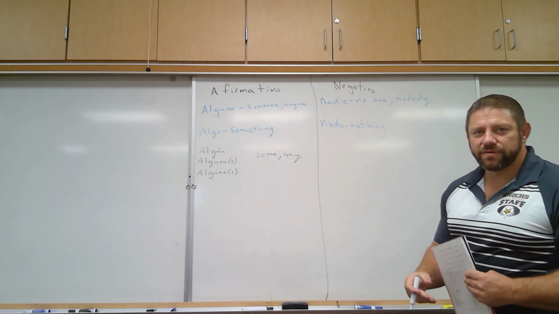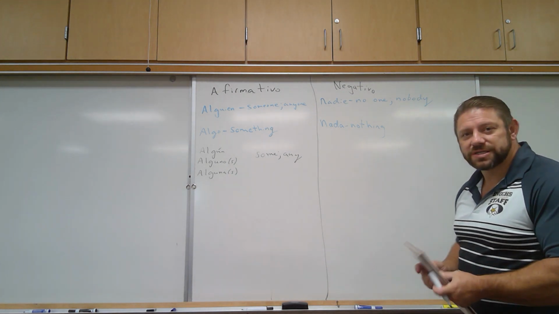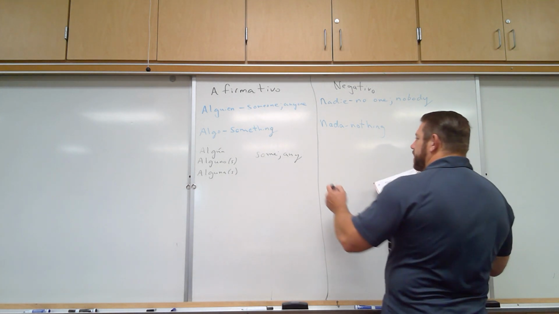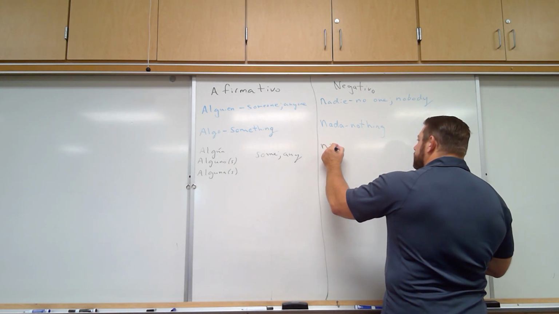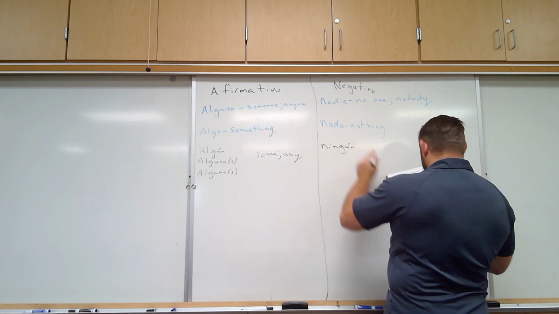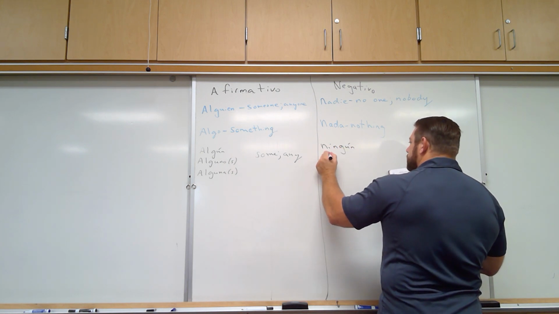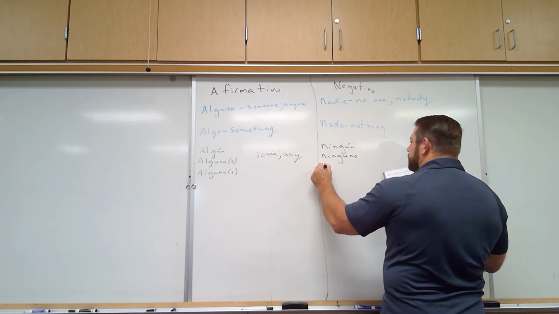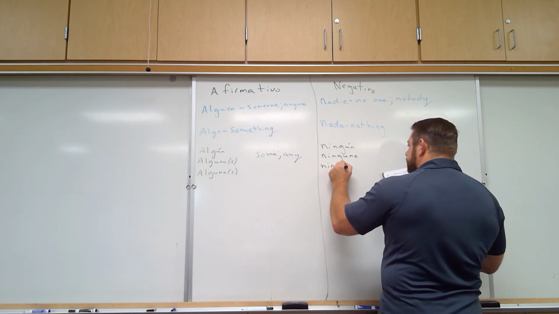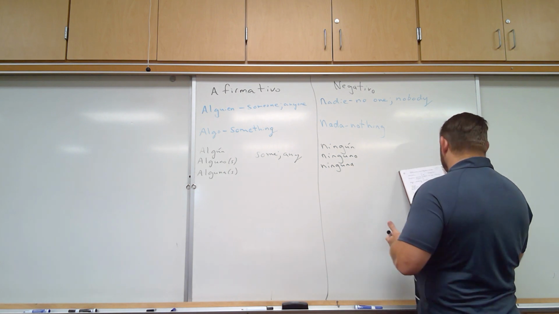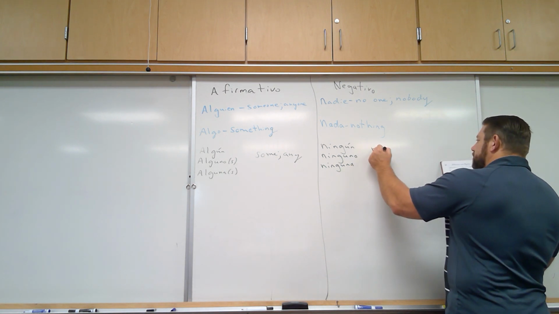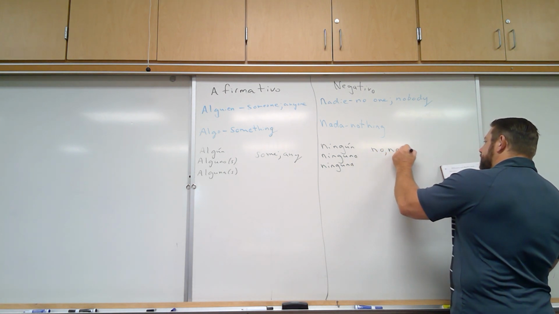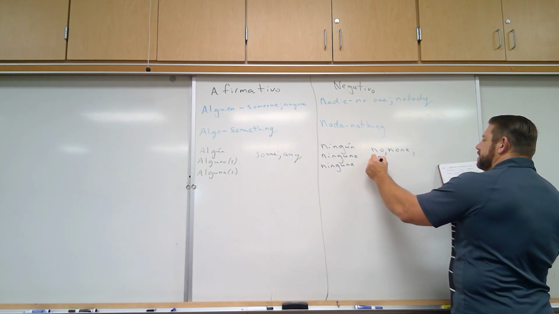But in the negative, there is no plural, it's only singular, which is just how Spanish is. So here we go: ningún, ninguno, and then we have ninguna. And a good translation would be no, none, not any.